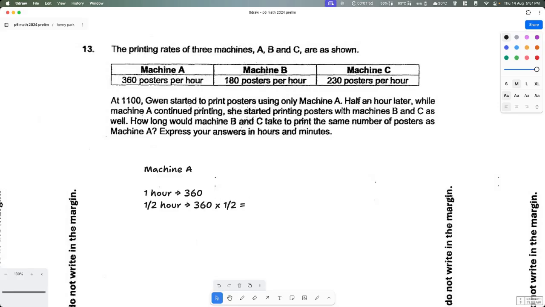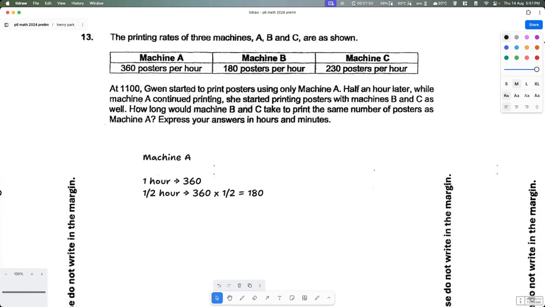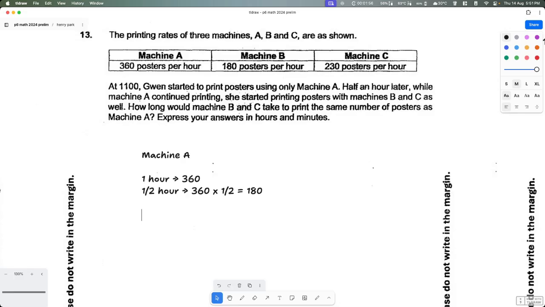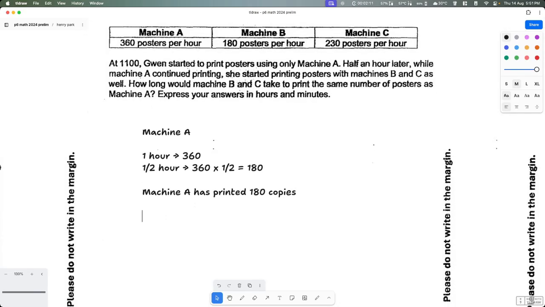This will then become 180 copies. So basically, machine A has printed 180 copies.